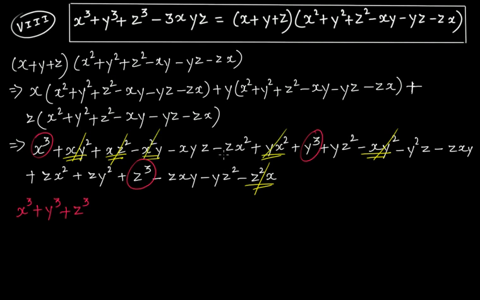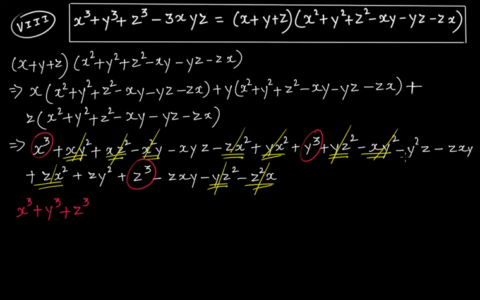Then you have minus zx squared, right? So minus zx squared plus zx squared, both these two get cancelled. Then you have plus yz squared, and you have minus yz squared, plus minus gets cancelled.